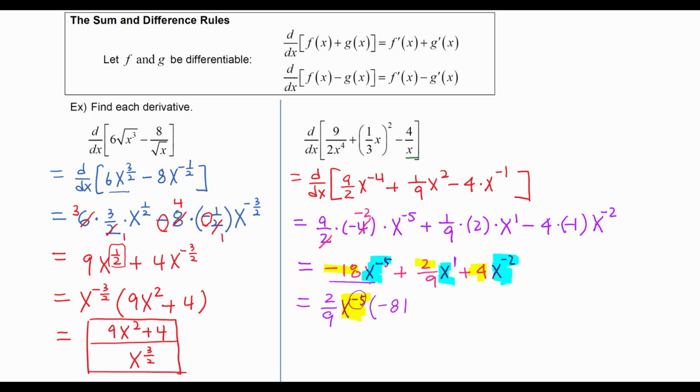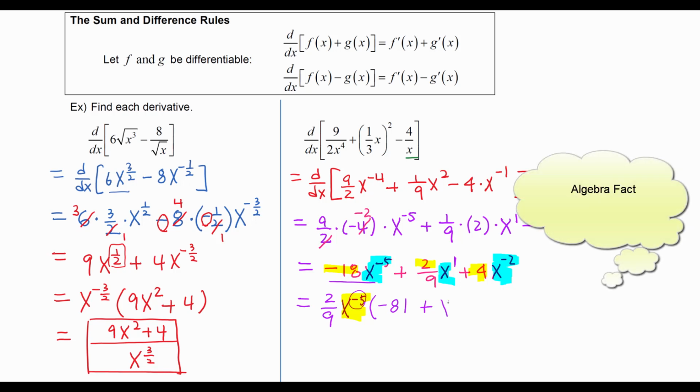Notice that I took the whole x to the negative fifth out, so I won't have any power of x there, and plus 2 over 9, 2 over 9 out, and for the power of x part, x to the negative fifth plus what is a positive 1 power? That will be x to the power 6.